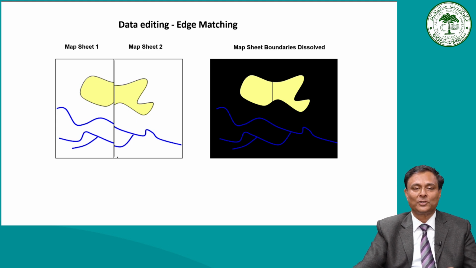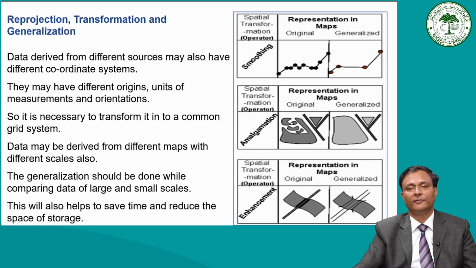So that is to be rectified, and this process is known as edge matching, where different data sheets would be recorded and brought into spatial information differently, separately. So then there might be some errors which will come, and that error also needs to be rectified, and this is another way of errors coming into the spatial information.